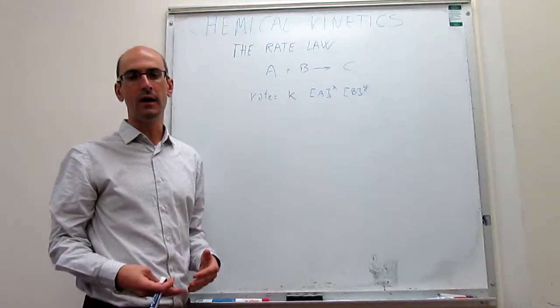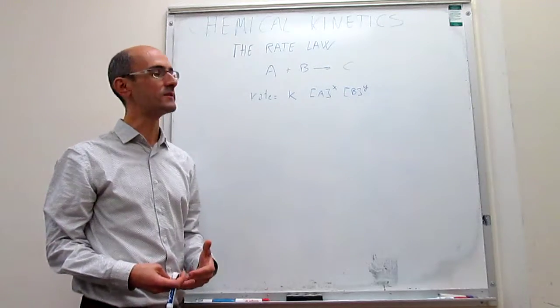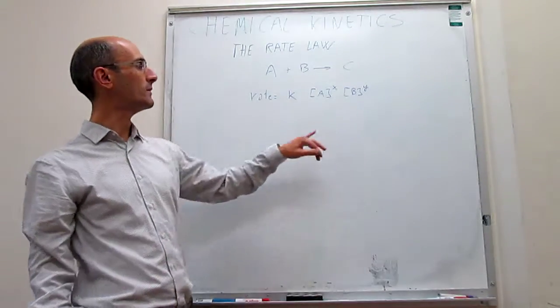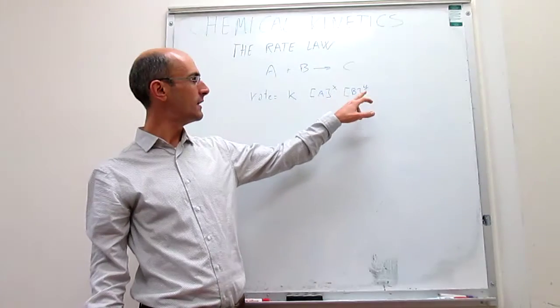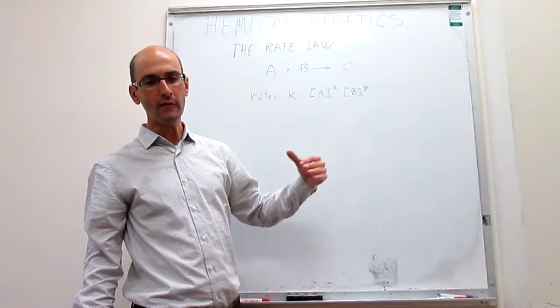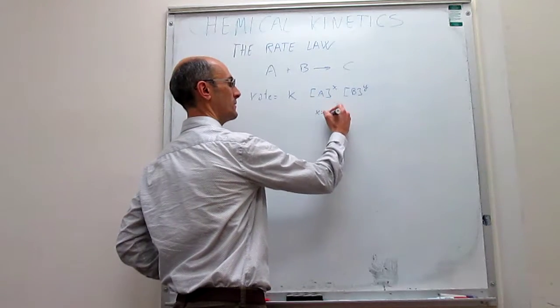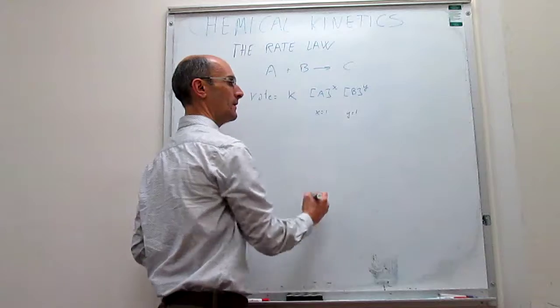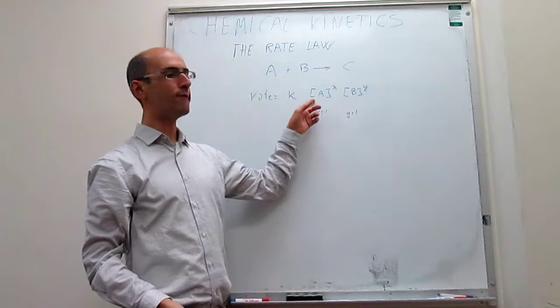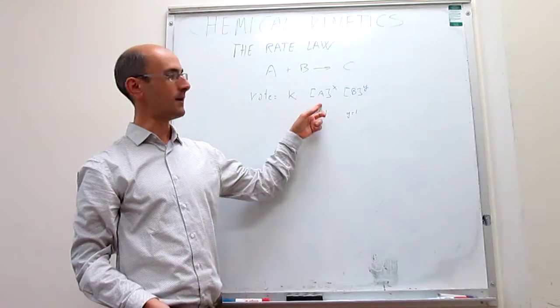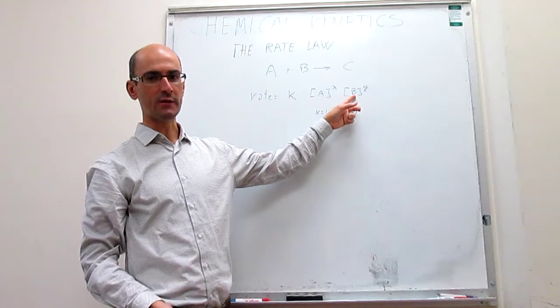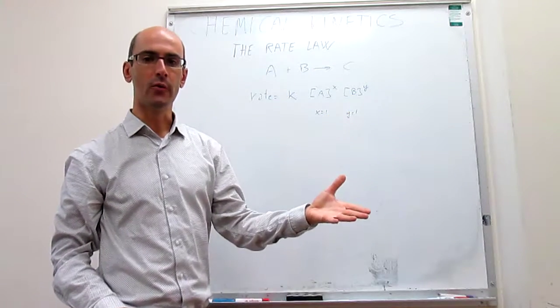Okay, but just to take care of the more common occurrences, it could be quite common that X might be 1 and then Y might be 1. Then what we will say is that if X is equal to 1 and Y is equal to 1, then this reaction is first order with respect to A, first order with respect to B, and second order overall.